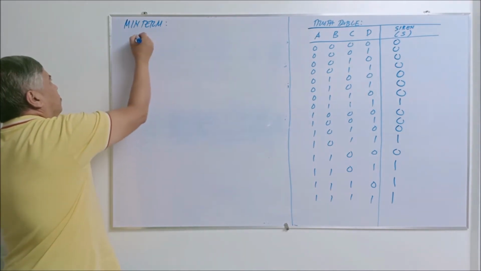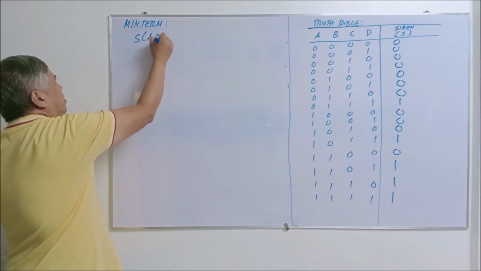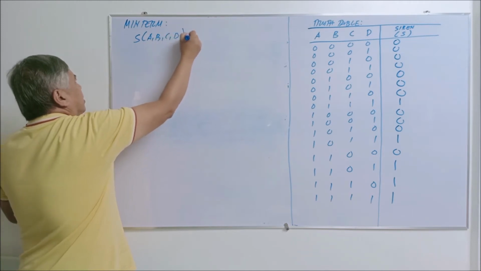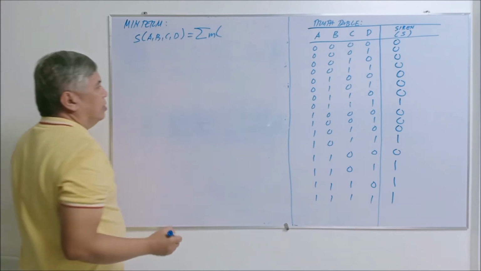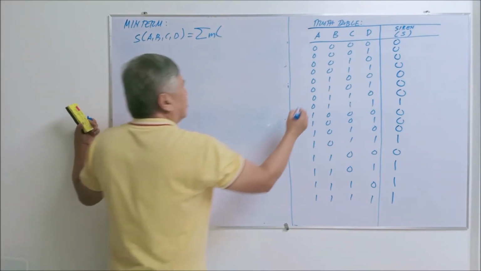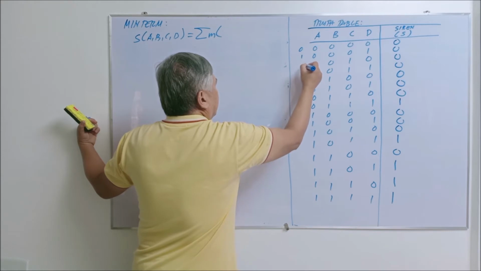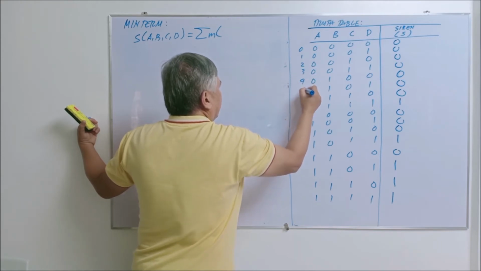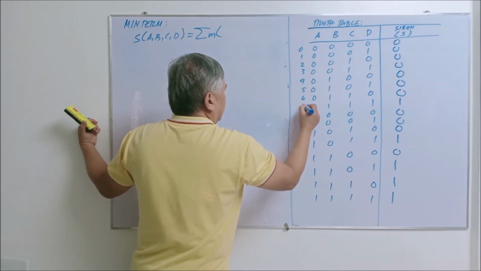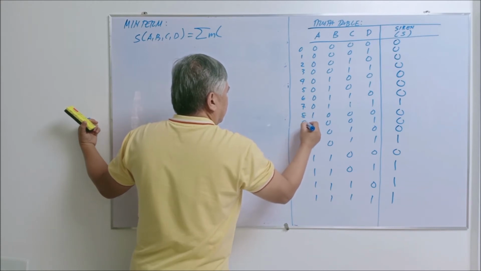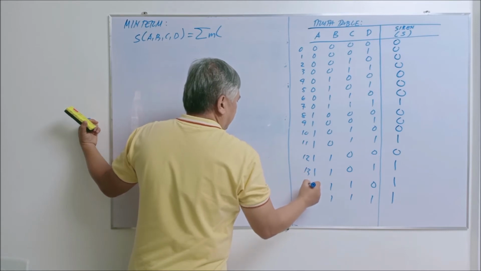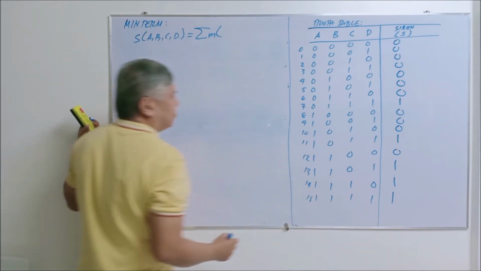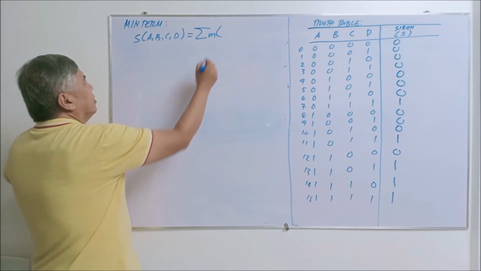So your output S as a function of sensors A, B, C, and D is equal to the summation of min terms. By the way, this is 0, 1, 2, 3, 4, 5, 6, 7, 8, 9, 10, 11, 12, 13, 14, and 15. So what are the min terms?